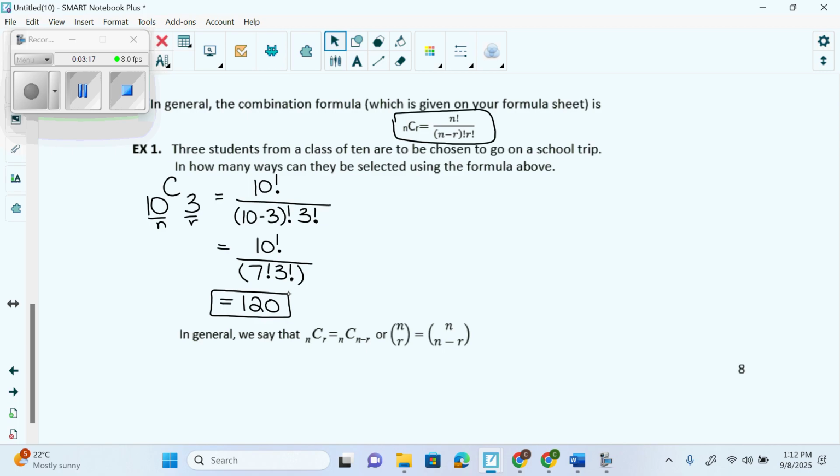It should be. 10P3, guys, is the exact same as the fundamental counting principle. This represents the number of blanks, so 1, 2, 3 blanks. This represents the number you start with and no repetition. So it'd be 10, 9, 8. So this is 720.